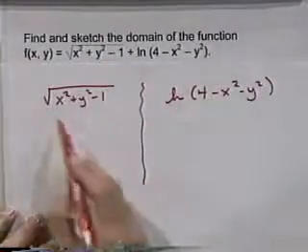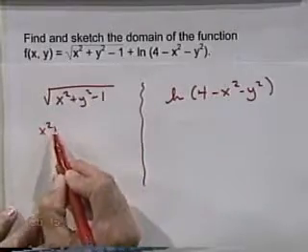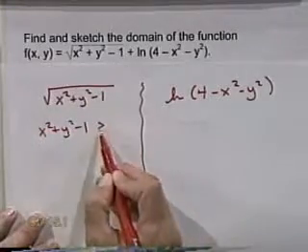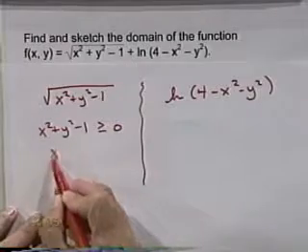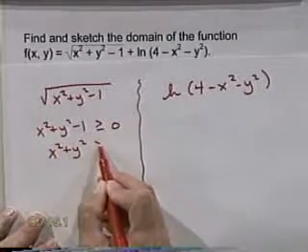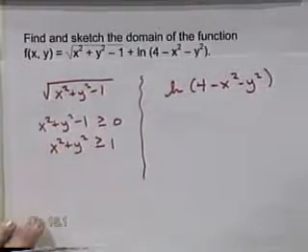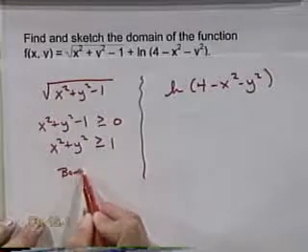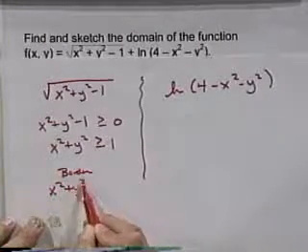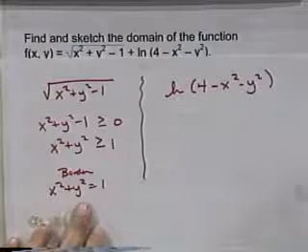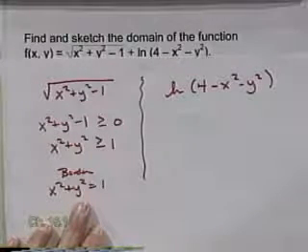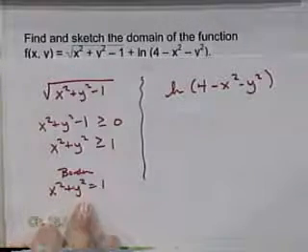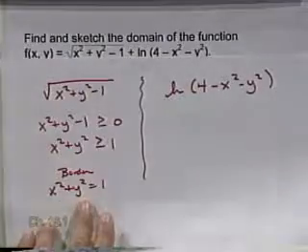So putting it down the middle, for this to make sense, what's underneath the square root has to be greater than or equal to 0. So x squared plus y squared has to be greater than or equal to 1. Your border would be x squared plus y squared equals 1. What does that look like? A circle of radius 1 centered at the origin, right?